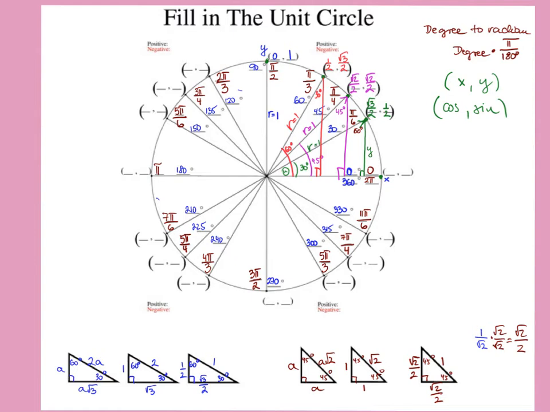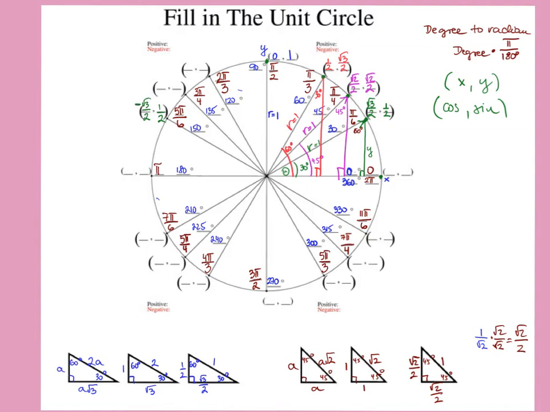So if I reflect this green ordered pair, which is √3/2, 1/2, over the y-axis, I land on the angle of 150 degrees, or 5 pi over 6. And the only thing that will be different from the other ordered pair, so I'm going to write √3/2 and 1/2, is that since I reflected over the y-axis, my x-coordinate is going to become negative.